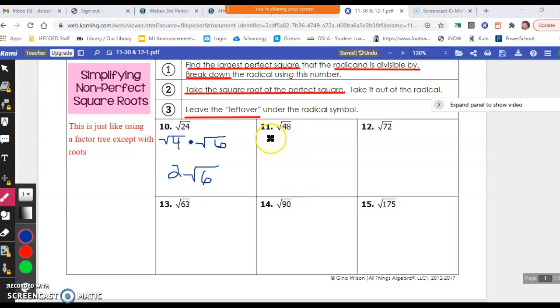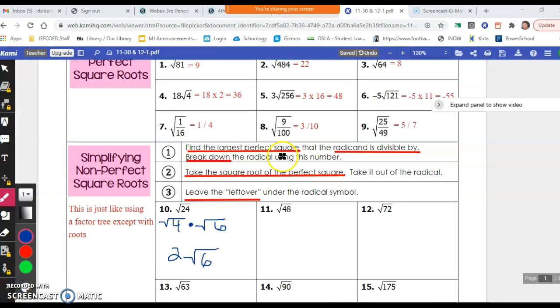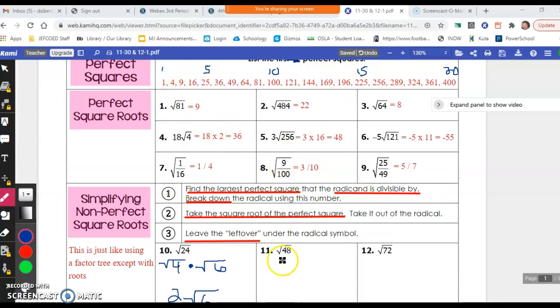All right, let's look at 48. Number 11, 48. Okay, which of these numbers right up here, the largest will go into 48? Does 1? 1 will, but obviously it's not the largest, right? Does 4? 4 goes into 48. Does 9? 16? Yeah, 16 does. 25? 36?